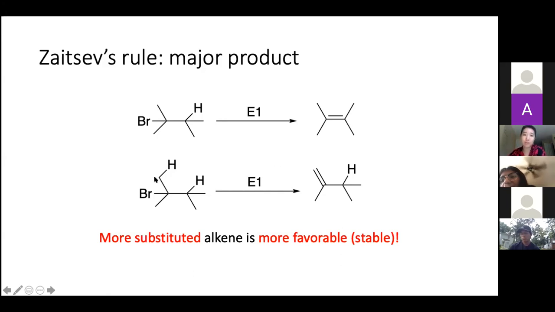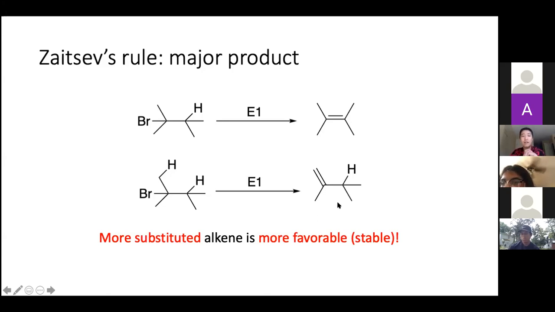Okay, so if we look at the second reaction, instead of removing the hydrogen to the right, I'm going to remove one of the methyl hydrogens. And as a result of that, I'm going to form this alkene, which is disubstituted. By disubstituted, I mean there are 2 things that are not hydrogens on this alkene.